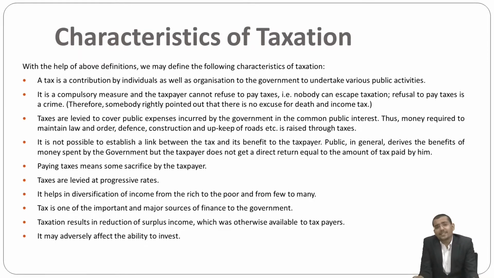The second characteristic is, my dear friends, that it is a compulsory measure and a taxpayer cannot refuse to pay taxes. That is, nobody can refuse taxation. Refusal to pay taxes is a crime, and therefore somebody rightly pointed out that there is no excuse for death and income tax. That is one slogan.